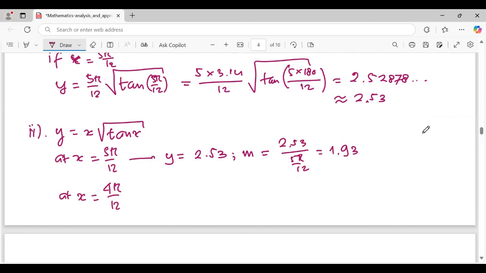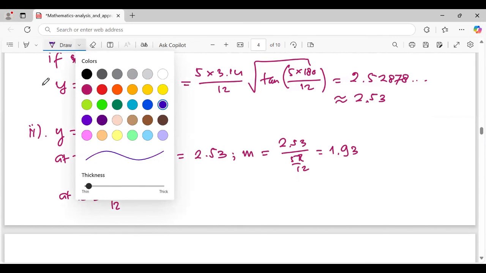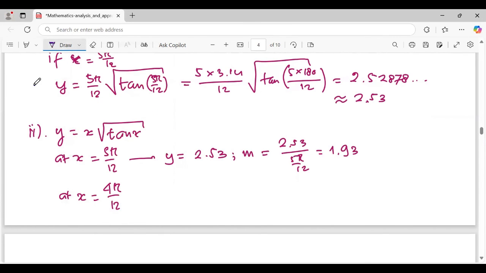Okay, I will sketch the graph first. On a Cartesian diagram, x, y, I have sketched the graph.